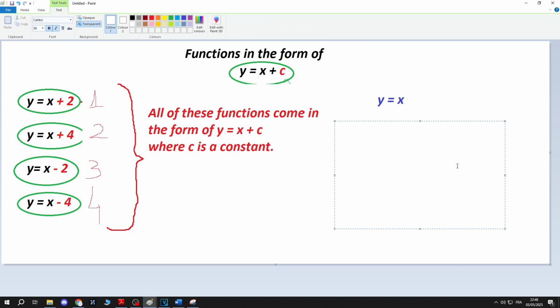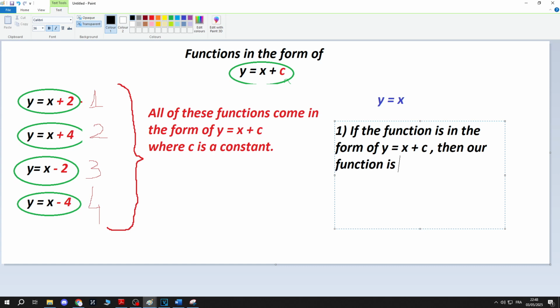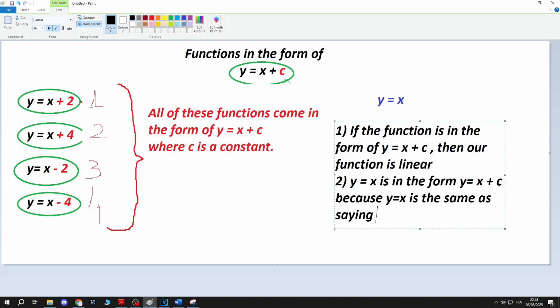So to summarize, these are the things you need to know. Number 1, if the function is in the form of y equals x plus c, then our function is linear. Number 2, y equals x is in the form y equals x plus c because y equals x is the same as saying y equals x plus 0.